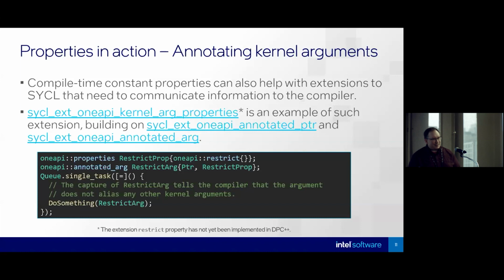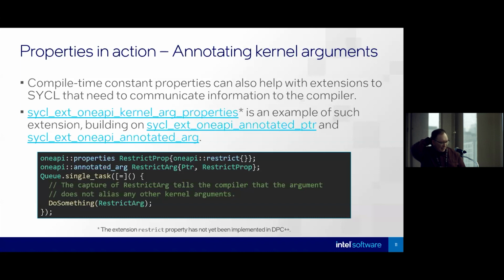C has the notion of restrict, sometimes in the language, sometimes a language extension, and it sometimes works, but doesn't always work well. In C++, you can use it in your code sometimes, but the spec itself doesn't have a well-defined notion of restrict. But we want to be able to use these things in SYCL, so we need a way to express it.